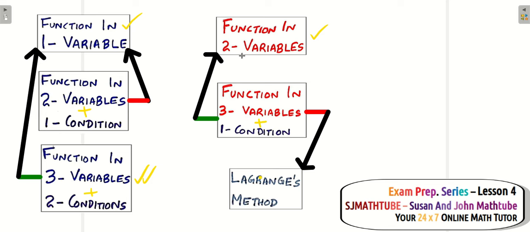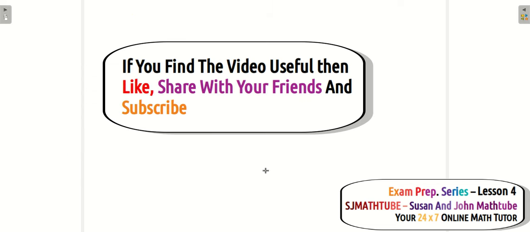Some people prefer that. And if you want, you can use something called Lagrange's method. And that is exactly what we are going to do in the next video. This video was a short one, but very important one. In the next video, we will be working out problems based on Lagrange's method.